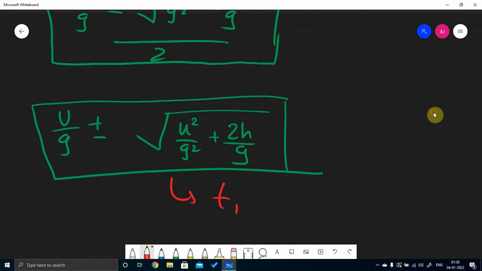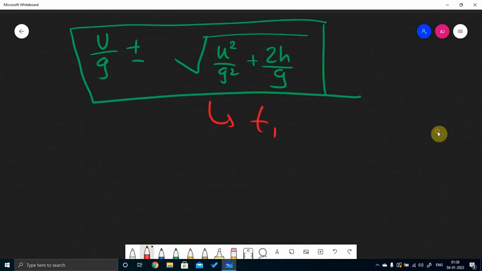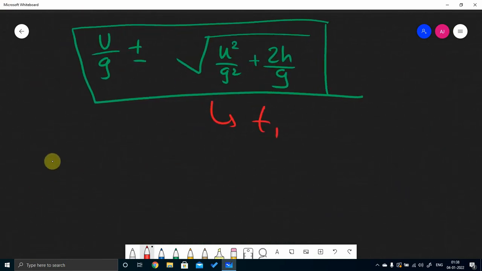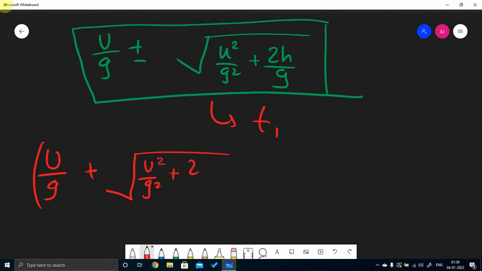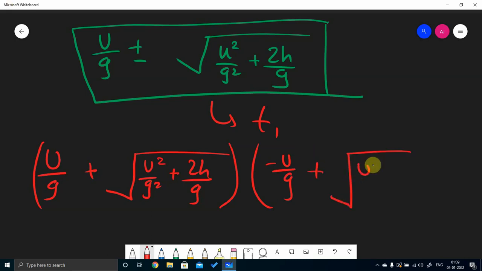So if we go ahead and multiply t1 and t2, we get u by g plus under root u square by g square plus 2h by g, into minus u by g plus under root u square by g square plus 2h by g.